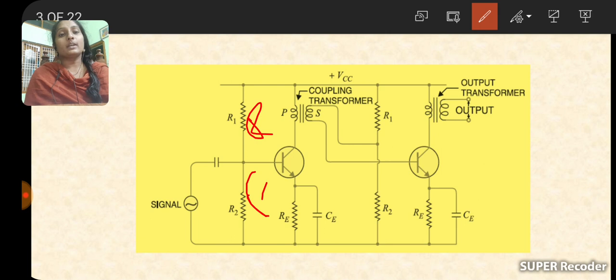And the emitter bypass capacitor and emitter bypass resistor are used to provide a low reactance path to the transistor.